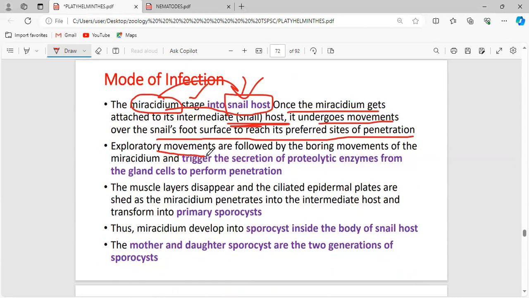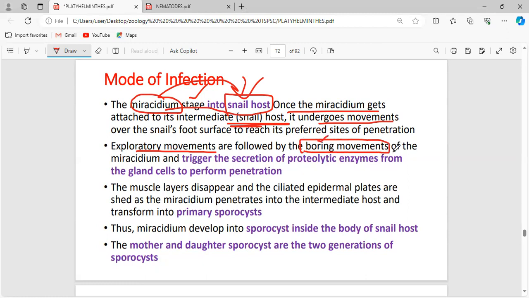Exploratory movements are followed by the boring movements of the miracidium. What do exploratory movements and boring movements mean? Exploratory movement means finding the place where they can undergo the upcoming metamorphosis. Boring movement means that after finding the place, they dig into the host.